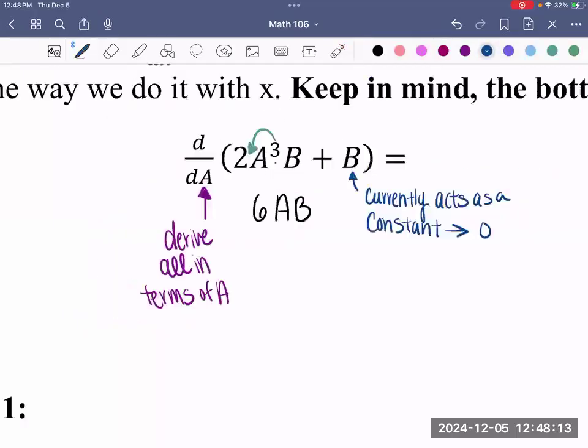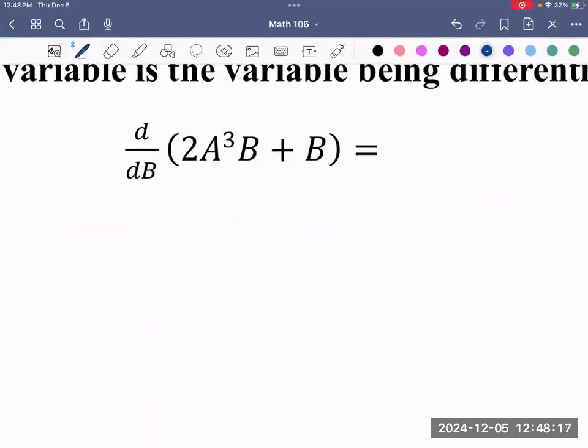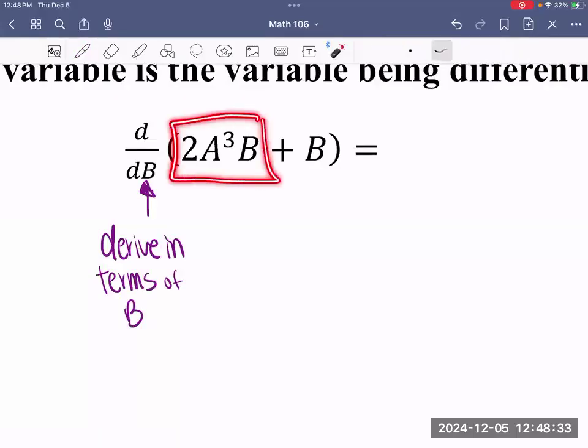Whereas if we derived it in terms of b, what would we get? Well, for us deriving in terms of b, notice that in this term, b is the variable we want to derive.